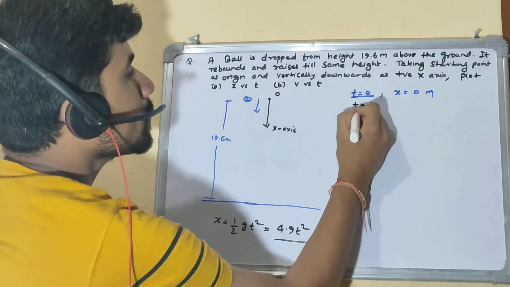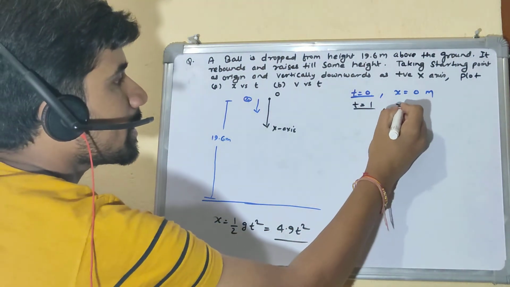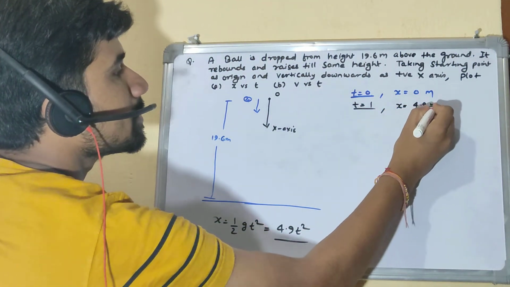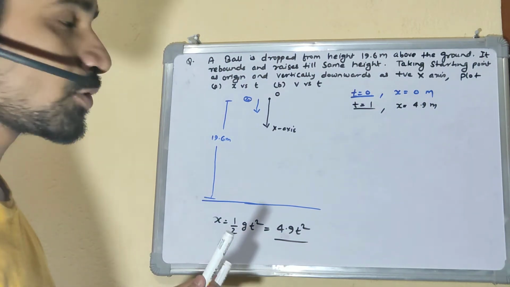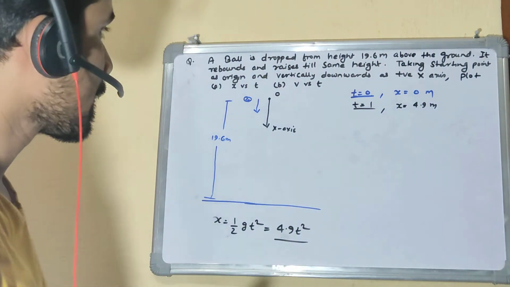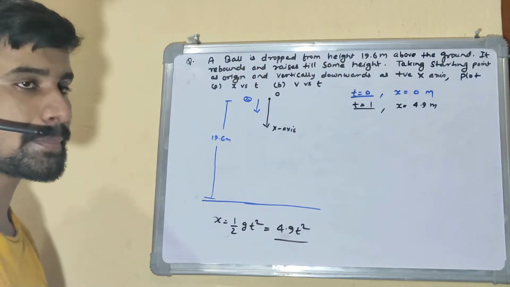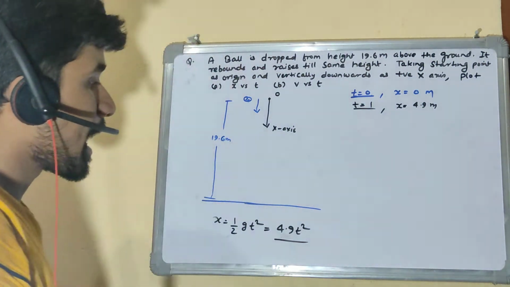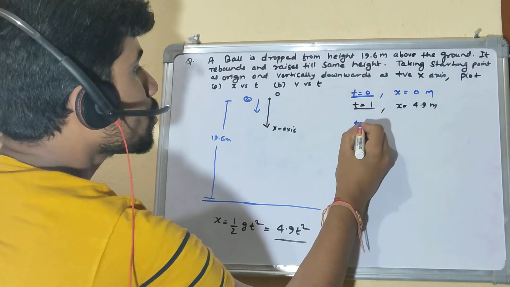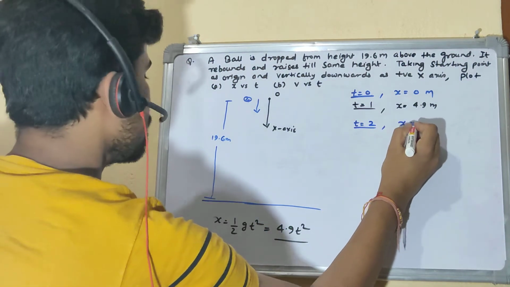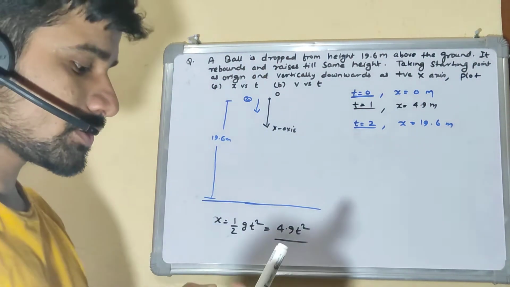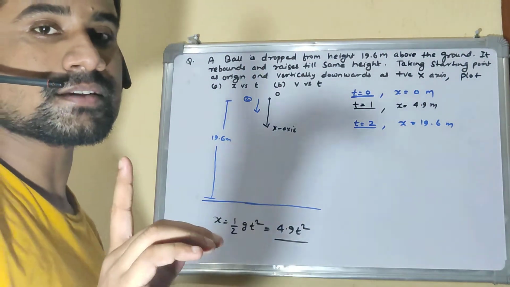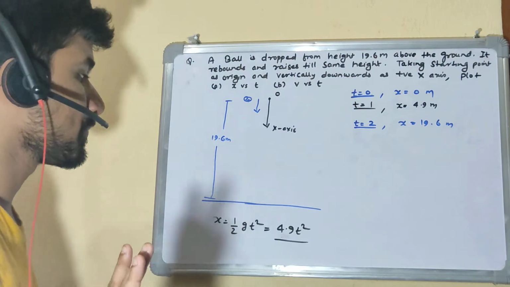At t equal to 1, x will be 4.9 meters. Then at t equal to 2 seconds, it hits the ground. Clear?